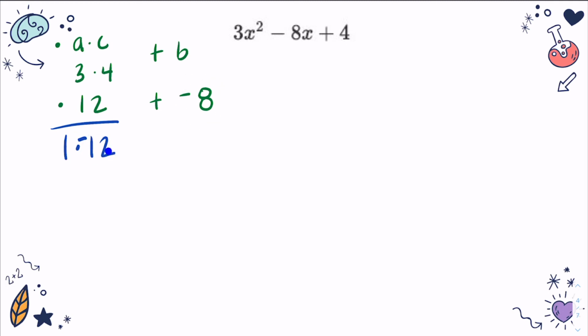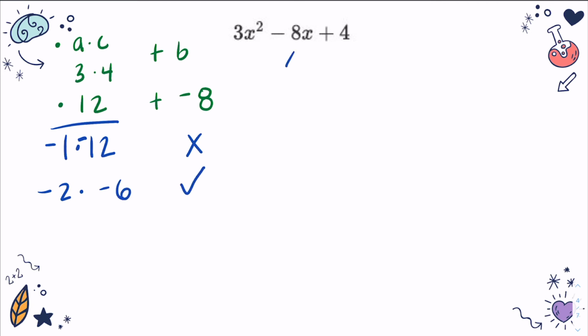But 1 times -12 is not a positive 12. Here, what we need to do is make both of our factors negative. A negative times a negative is a positive, and that allows us to get a negative sum. All right, so let's go through the negative factor pairs and check to see if they add to give us -8. All right, -2 times -6. All right, that adds to give us -8.